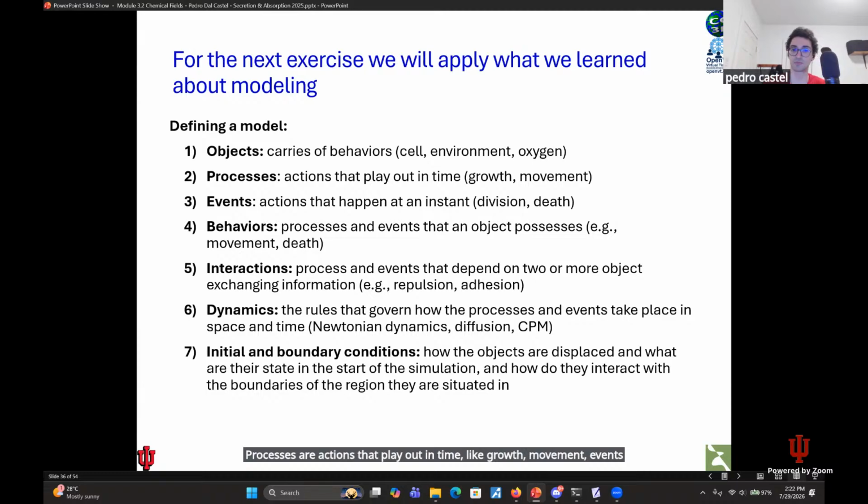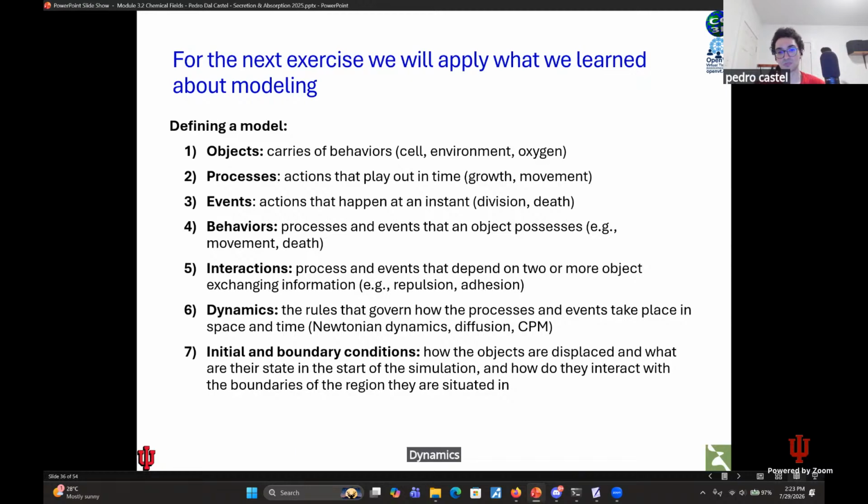Events are actions that happen at an instant, like division, death. Behaviors are processes and events that an object possesses, like movement, death. Interactions necessitate more than one object exchanging information. For example, repulsion, adhesion; they necessitate more than one object to take place.